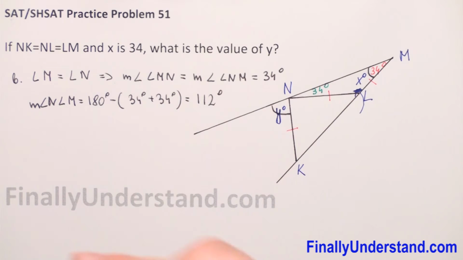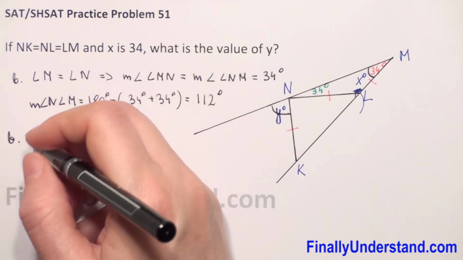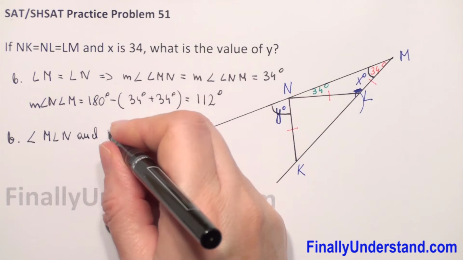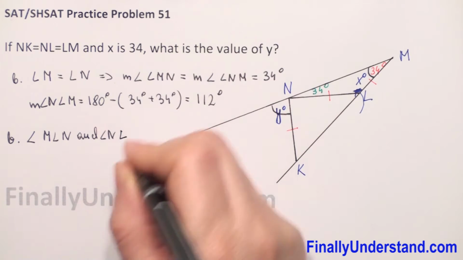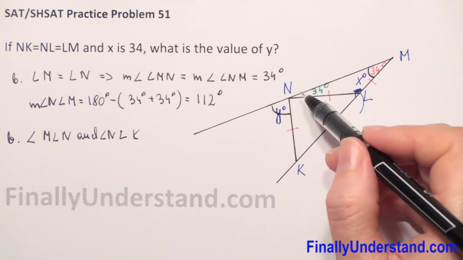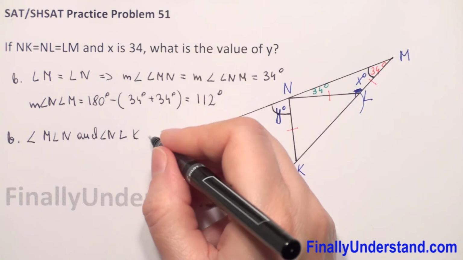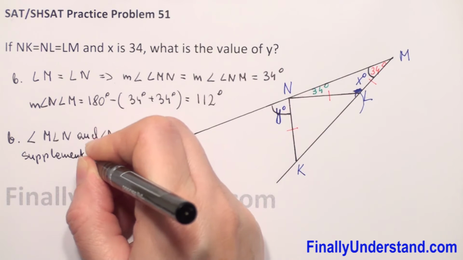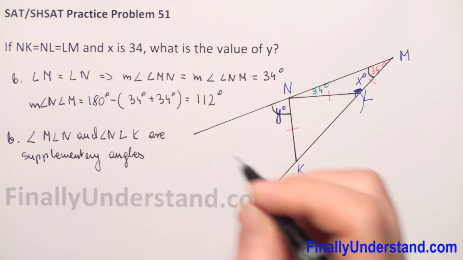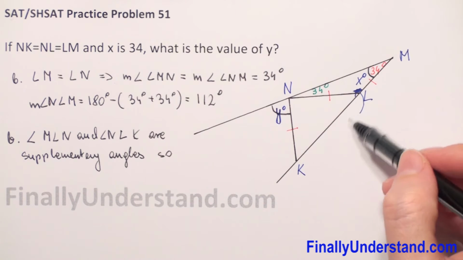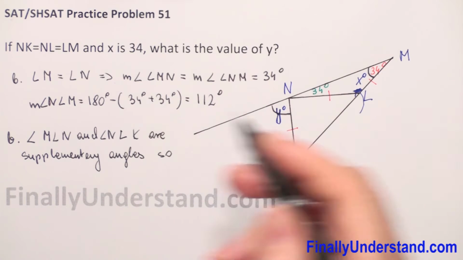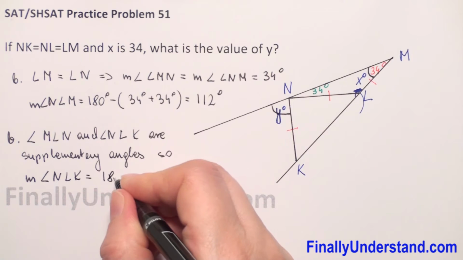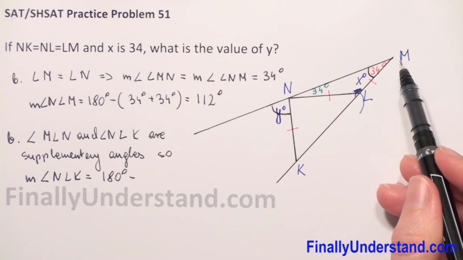So we can write that because angles MLN and NLK are supplementary angles, we have that the measure of angle NLK is equal to 180 minus the measure of angle MLN.